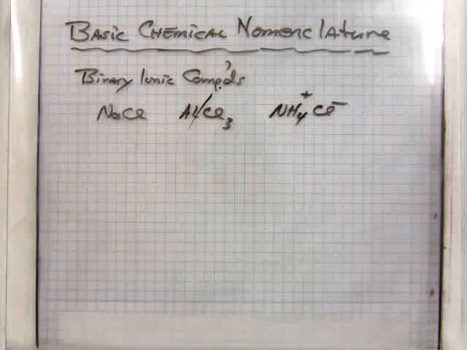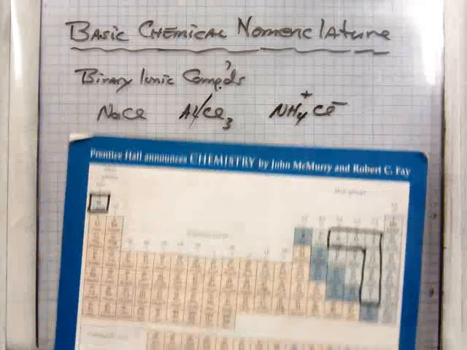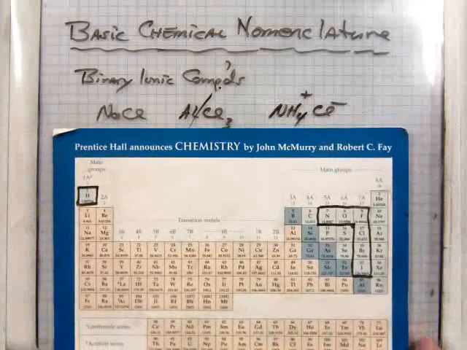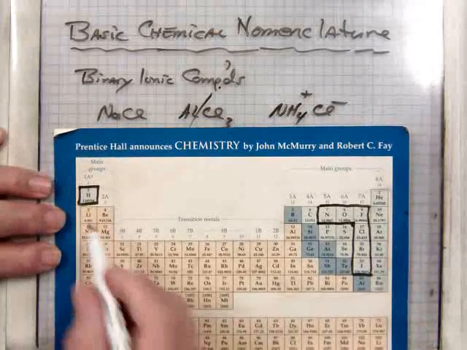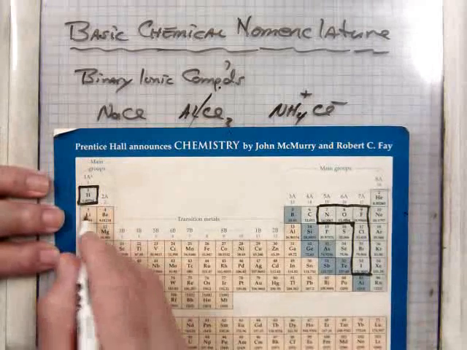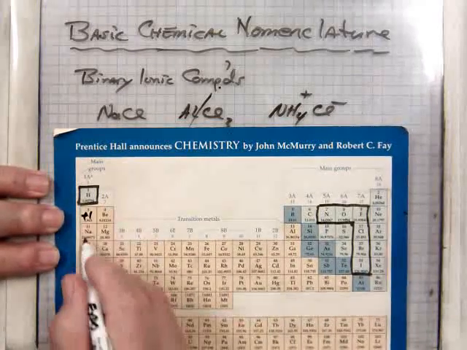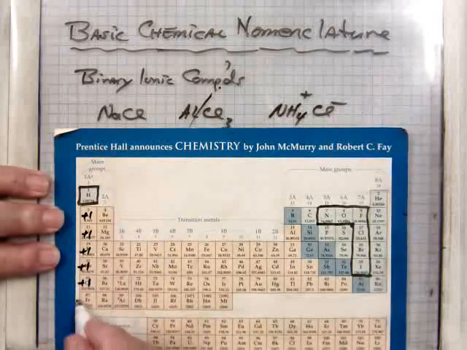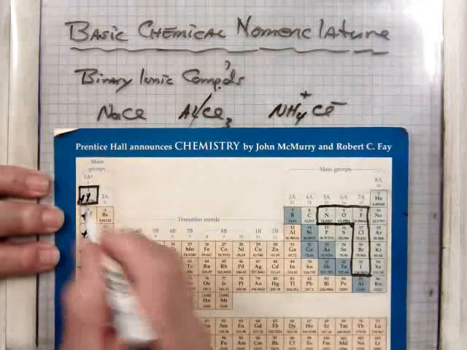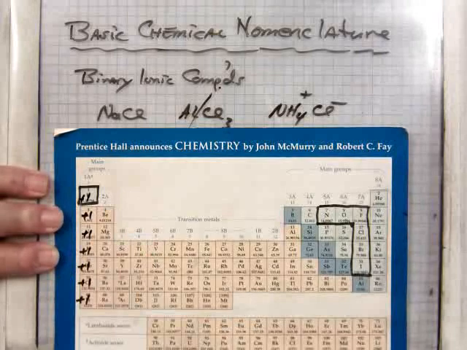Now, you need to review what the fixed charge elements are. So going back for just a second and looking at fixed charge elements before I do this, remember group 1 is +1 all the way down, including hydrogen. Now there are hydrides in which it has a -1 charge.